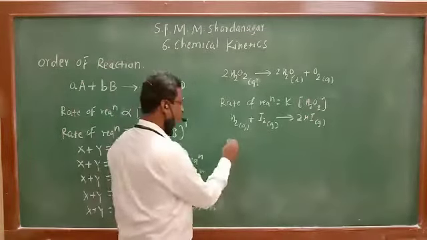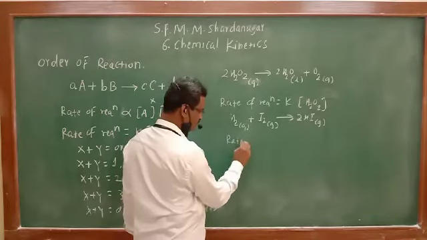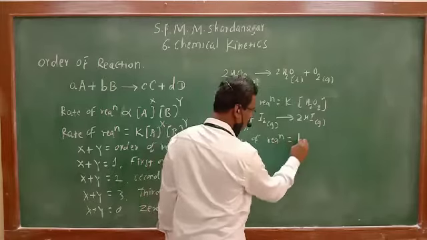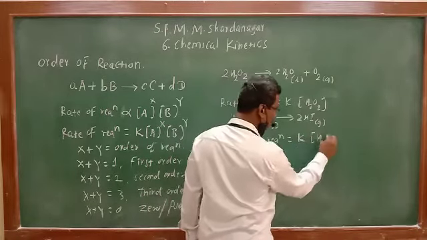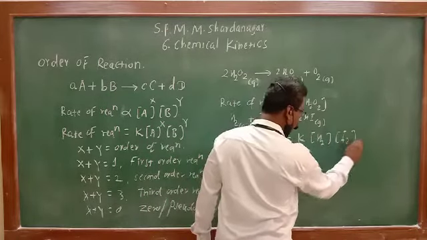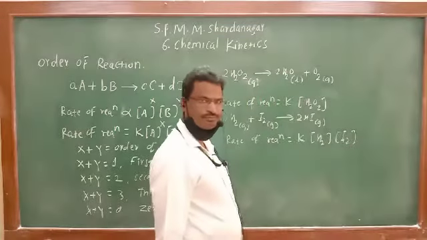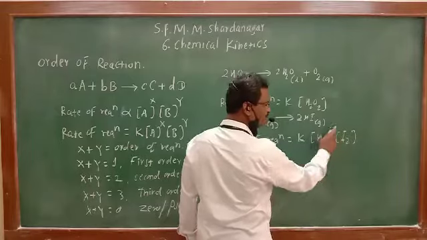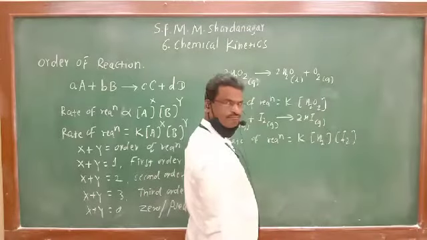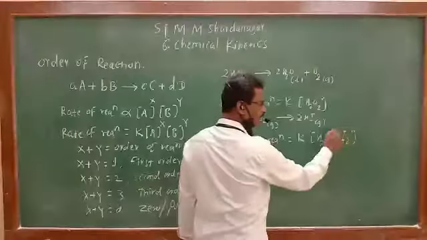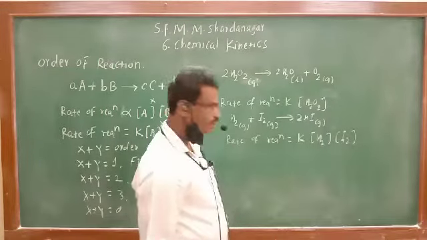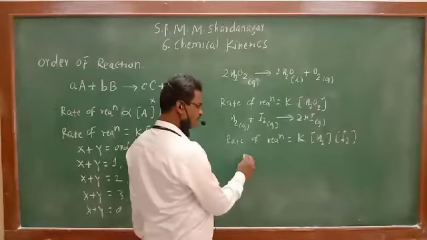For this reaction, rate of reaction will be equal to K into concentration of H2 into concentration of I2. What is the power here? 1 and 1. Not written means it is 1. So what is the order of reaction?